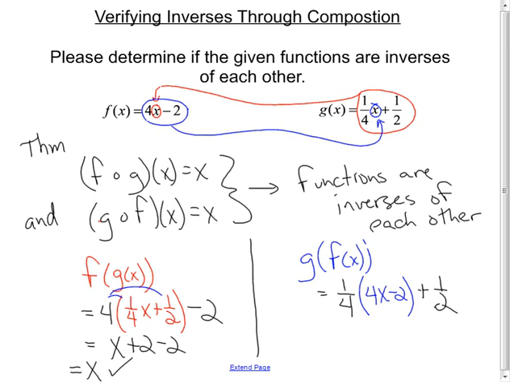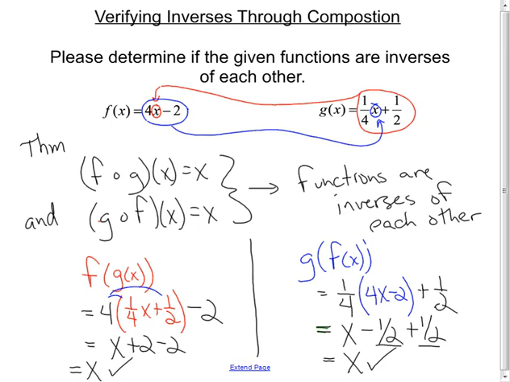Okay? So I'll distribute here and get 1/4 times 4 is 1. Pull down the x. 1/4 of negative 2 is negative 1/2. Pull down my plus 1/2. Then I see that those two terms will cancel, and I will just be left with x.